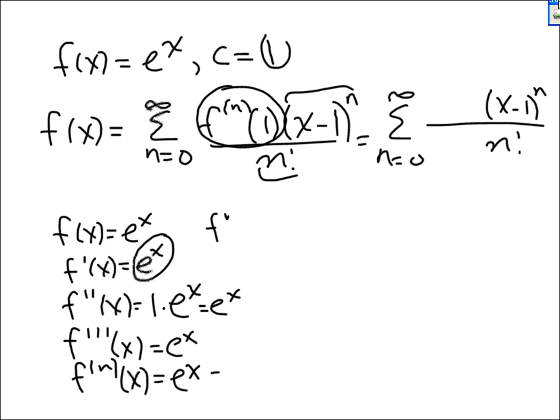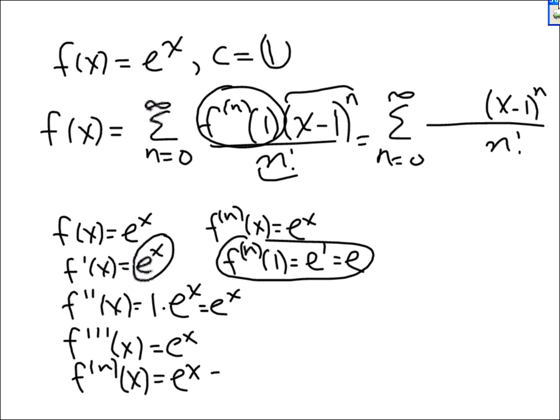Well, if the nth derivative is e to the x, then the nth derivative at 1 would be e to the 1, which is e. That's always e. The nth derivative at 1 is e. Here's your answer.